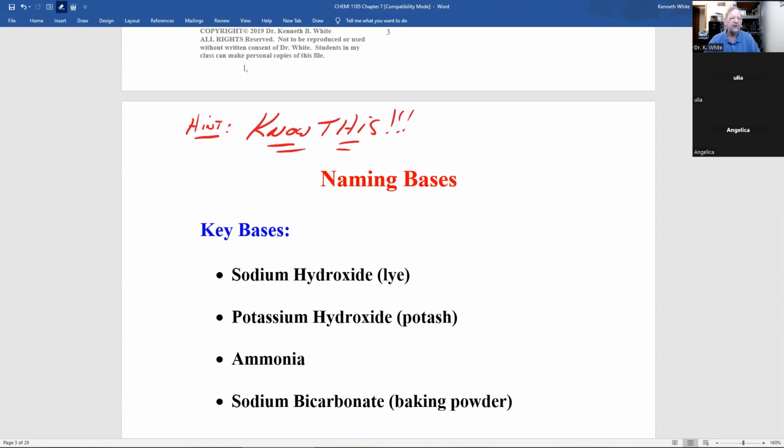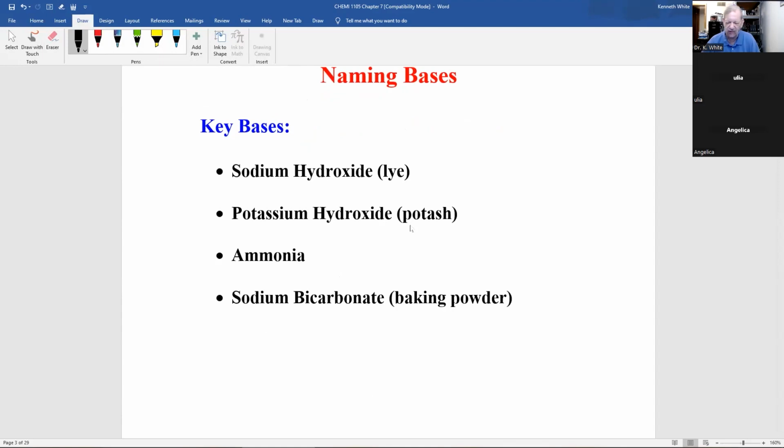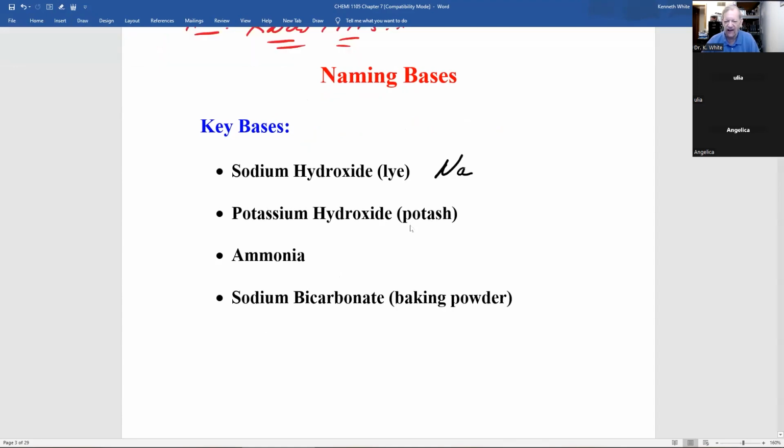When we talk about bases, sodium hydroxide, the old name was lye, is NaOH. Potassium hydroxide, the old name was potash, because they first found potassium hydroxide in the ashes under people's cooking pots, is KOH. Ammonia is NH3.